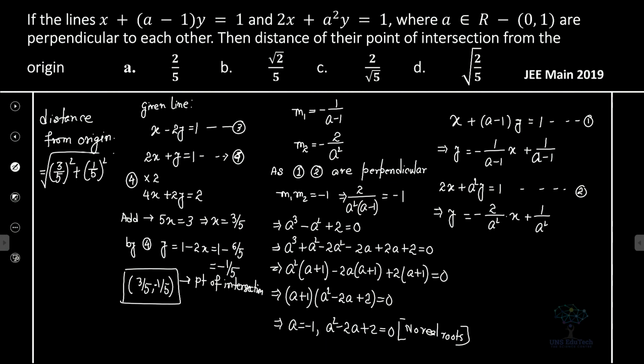Let's calculate that. It is 9 by 25 plus 1 by 25, that gives you 10 by 25. So it's definitely square root of 2 divided by 5. That's the distance. Therefore option D is the correct choice for this particular problem.